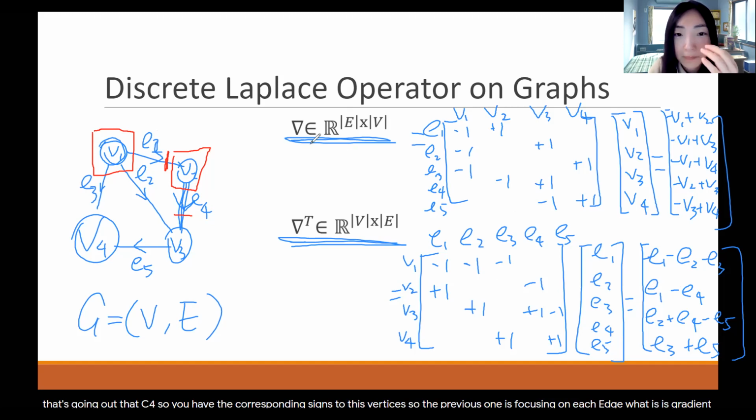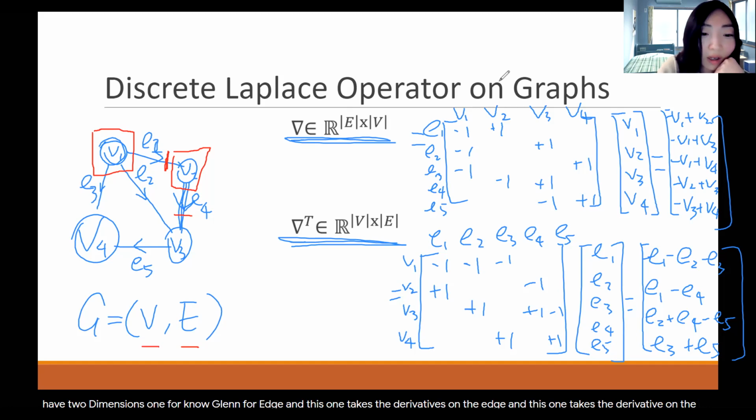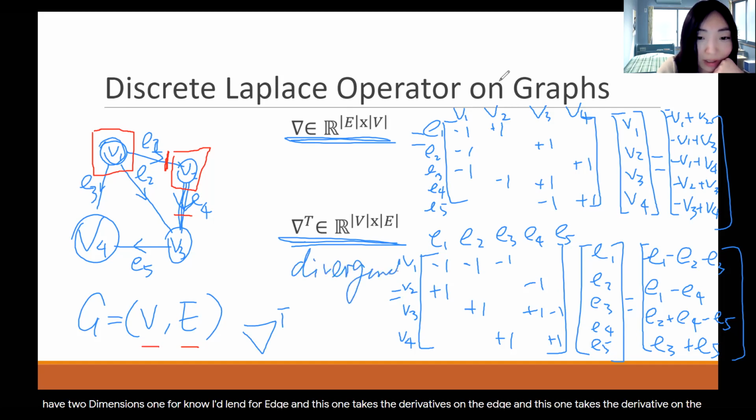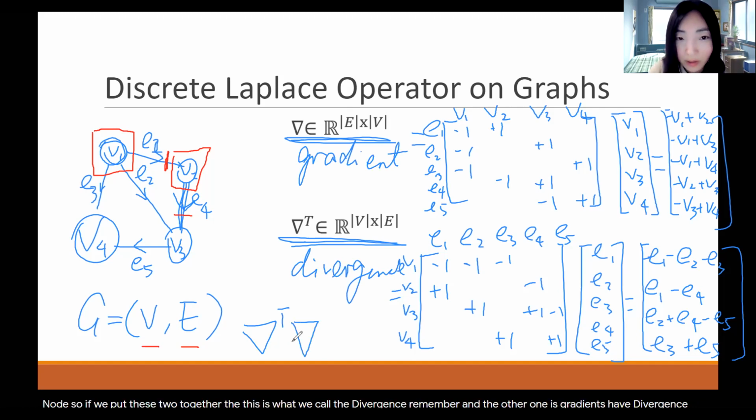As you can see, for each graph we basically have 2 dimensions, one for node, one for edge. One takes the derivative on the edge, and the other takes the derivative on the node. If we put these two together, this is what we call the divergence, remember? And the other one is the gradient. If you apply the divergence to the gradient, this is basically what we said before, the Laplace operator.